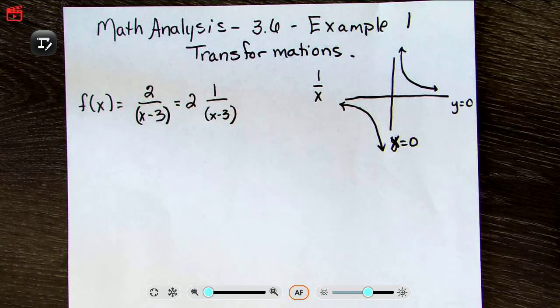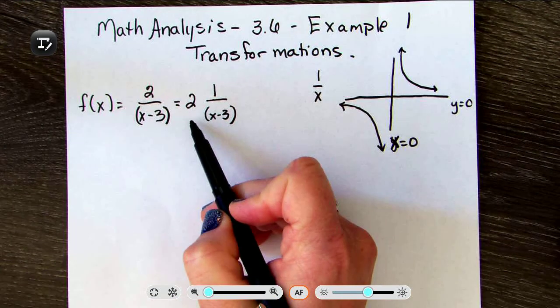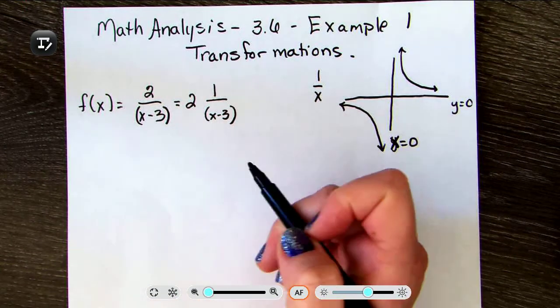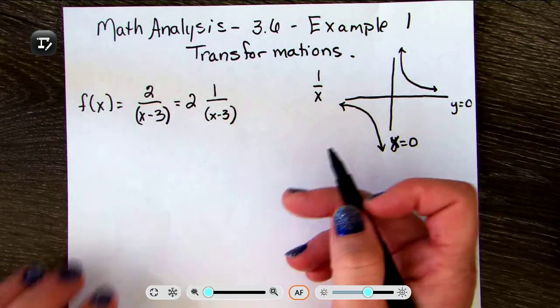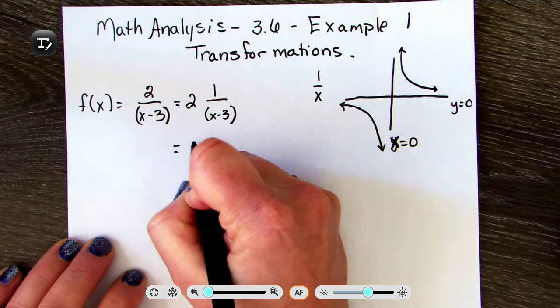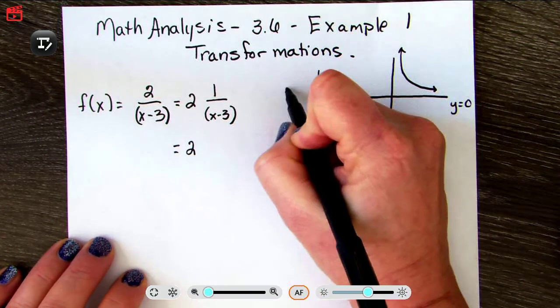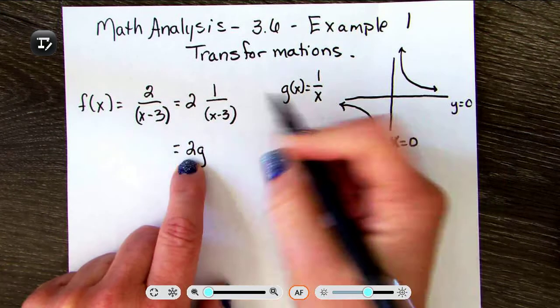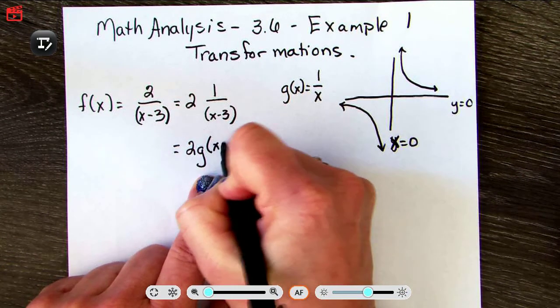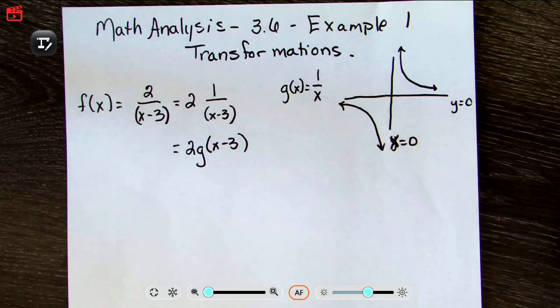Notice they are the same because I could write this as 2 over 1 and then multiply my numerators, multiply my denominators. So this 2 is kind of on the outside. So I could write this as 2 times g of x minus 3. So you can see the minus 3 on the inside and the 2 on the outside.